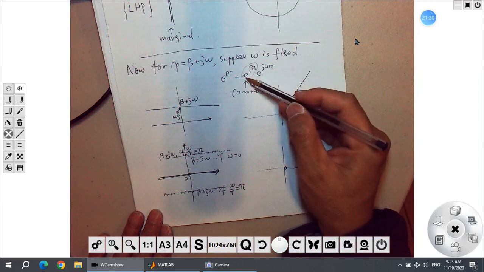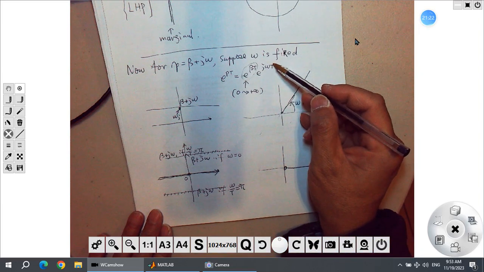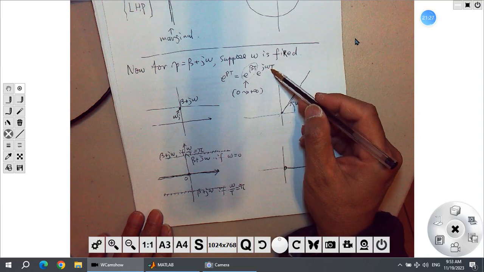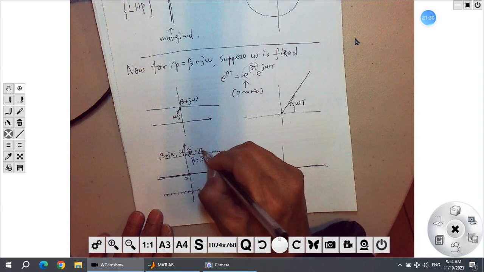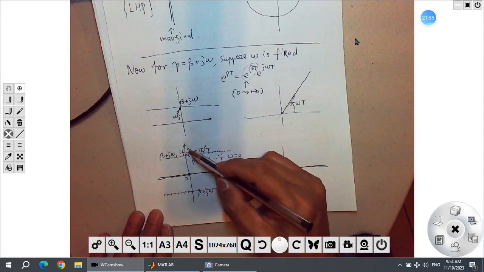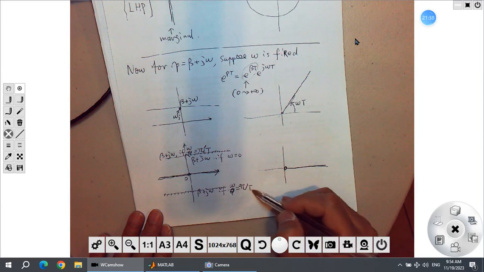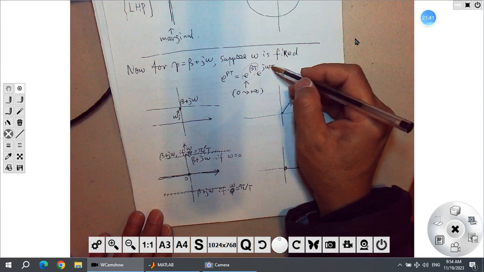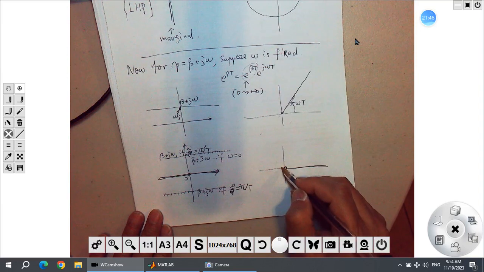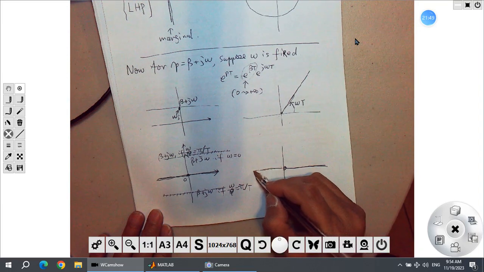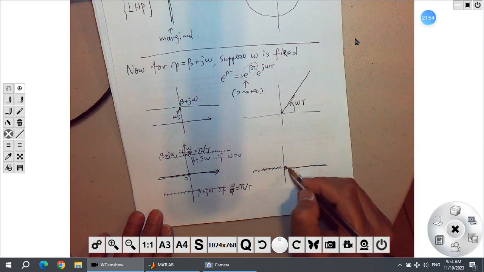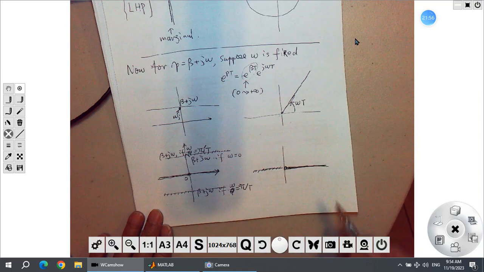If omega is pi over T or negative pi over T, then omega T is pi or negative pi. So this is 180 degrees, times this. So we get this one, and we have two lines.